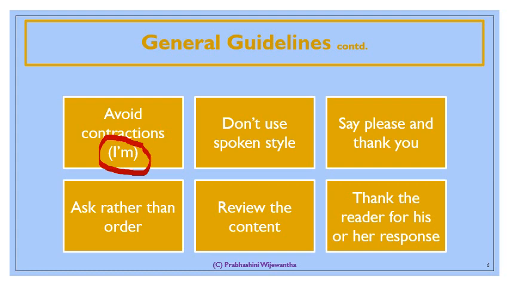And also don't use spoken style. The way we speak English and the way we write English is different. So don't use the spoken style. Always use the professional style.